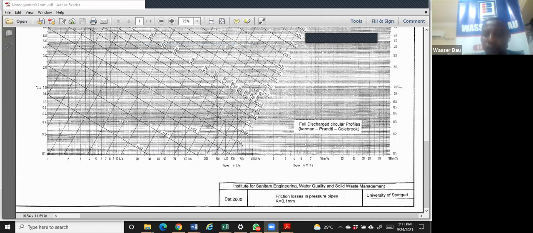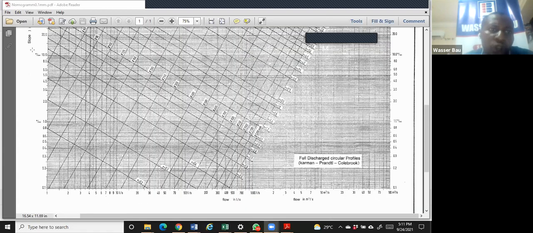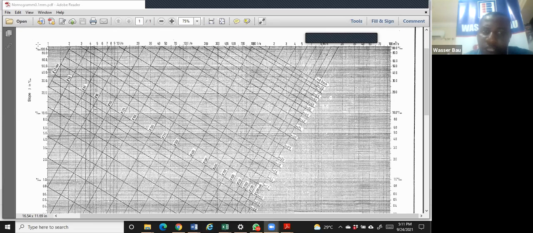So here you see that on the horizontal is the flow, the discharge, the Q, which you must get first. On the vertical is the slope. And let me say this, the slope is per kilometer.